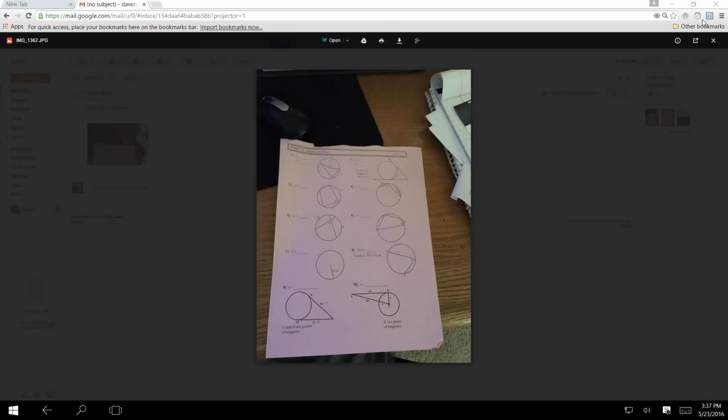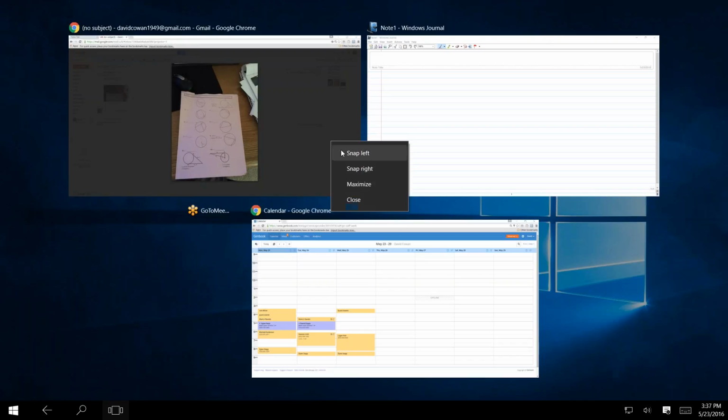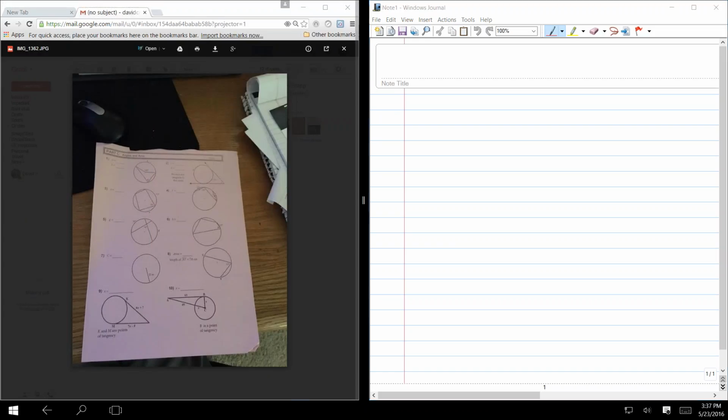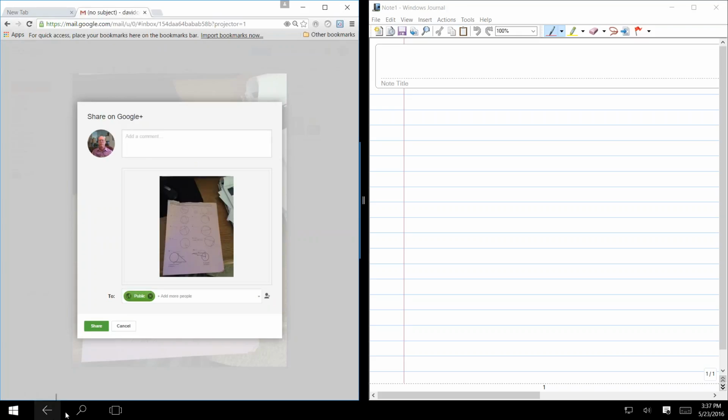So let's take a look at this one that I got from Dylan. Hold on a minute. Let me put them side by side. They've changed this again.